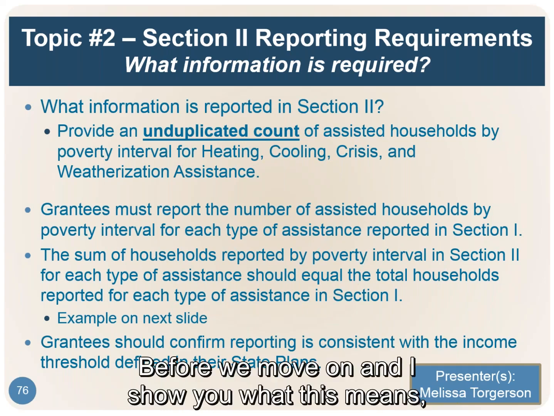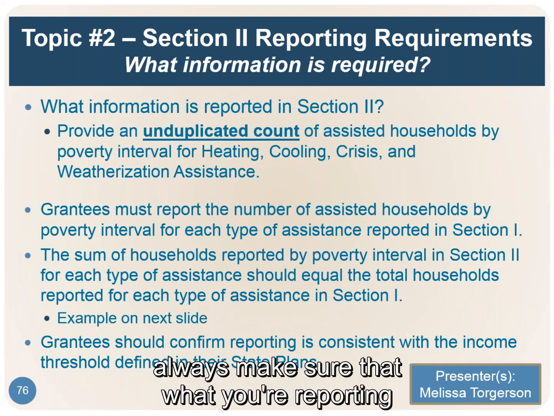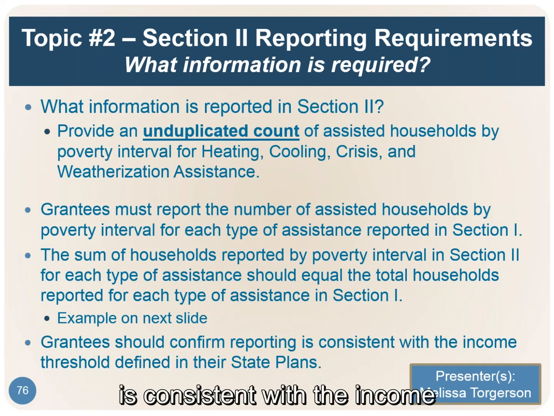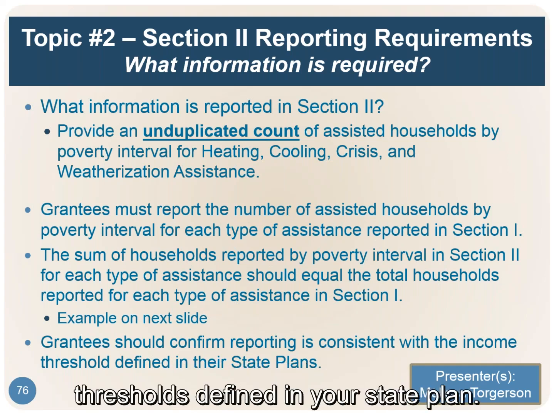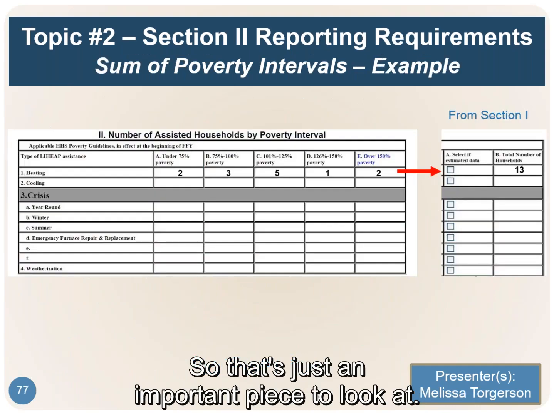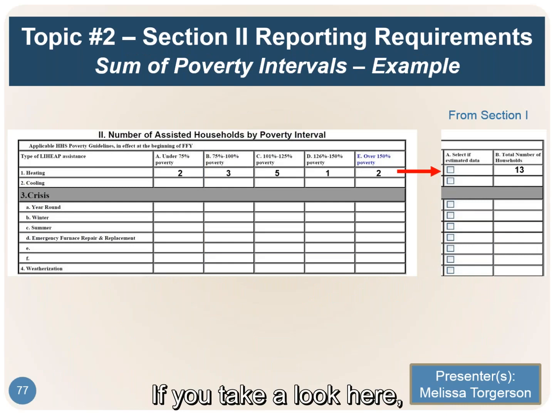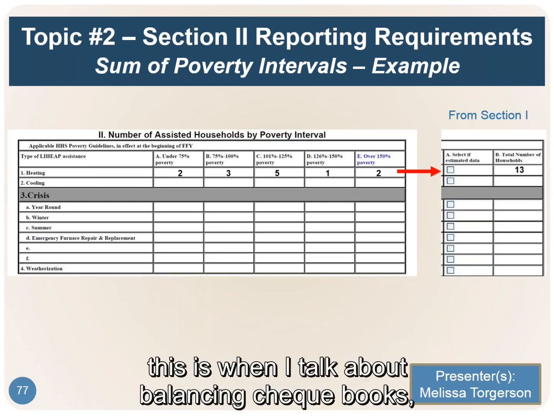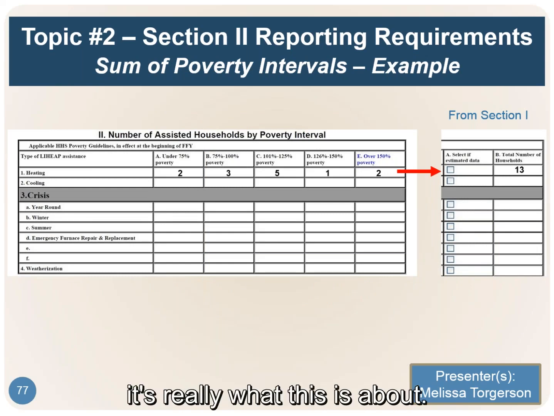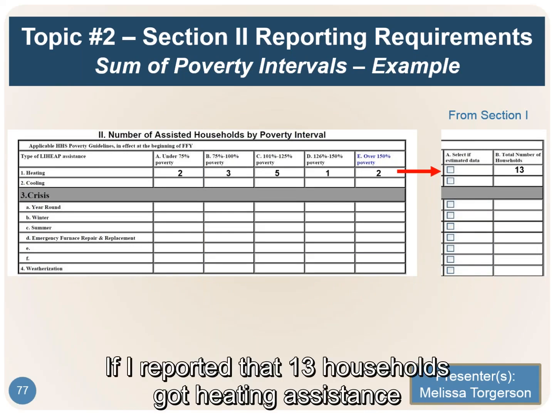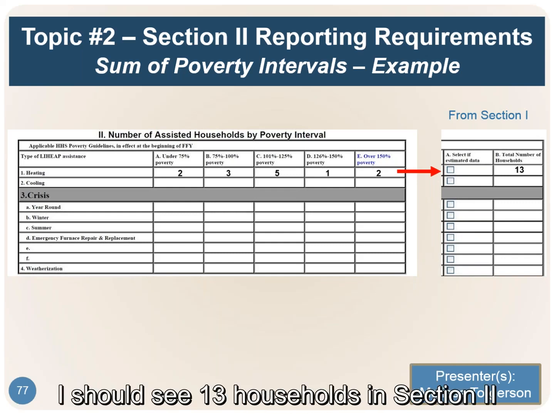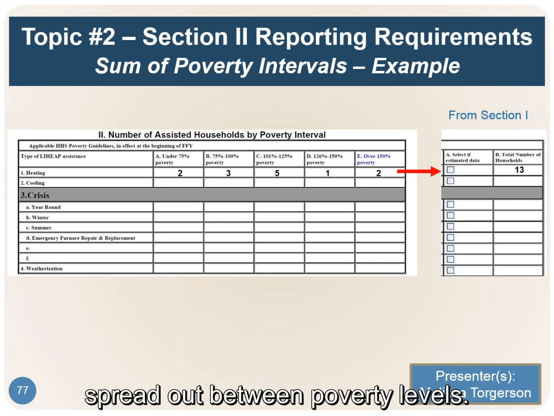Before we move on and I show you what this means, always make sure that what you're reporting is consistent with the income threshold defined in your state plan. That's just an important piece to look at. If you take a look here, this is when I talk about balancing checkbooks. That's really what this is about. If I reported that 13 households got heating assistance, I should see 13 households in section 2 spread out between poverty levels.